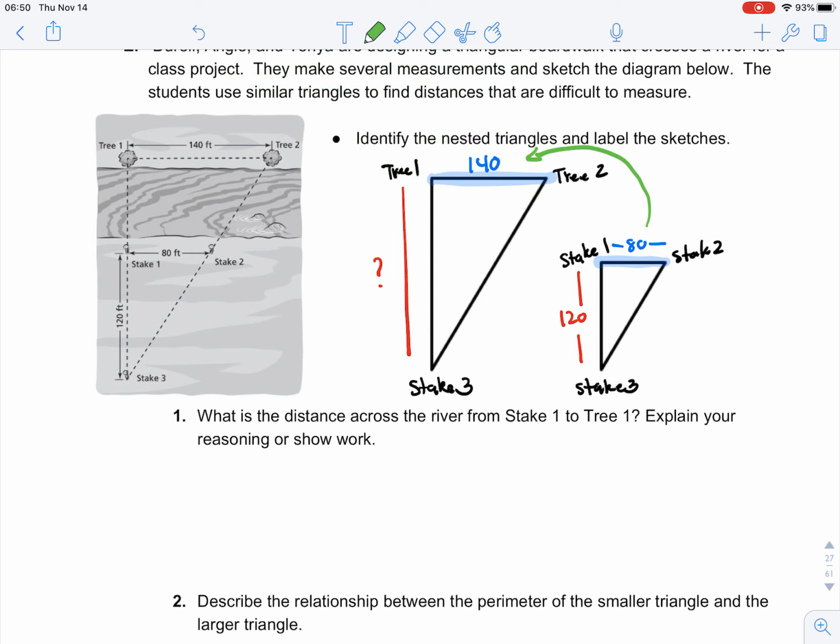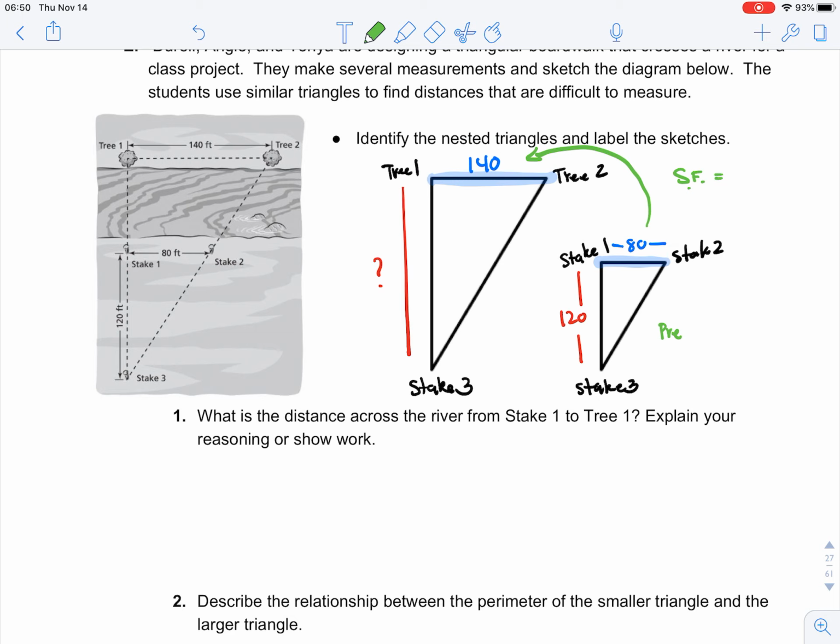Okay. All right, so what is the distance across the river from stake 1 to stake 2? Oh, to tree 1. Explain your reasoning. So we got to figure this out. We got two triangles, and we go from 80 to 140, so we got to identify our scale factor first. This one is our pre-image because we know both of the values. This is our image because we have an unknown value.